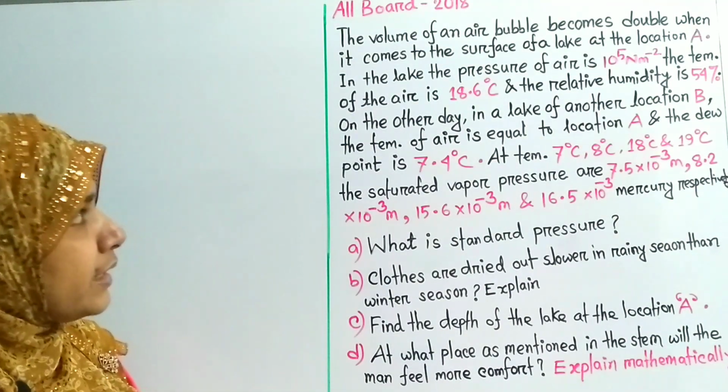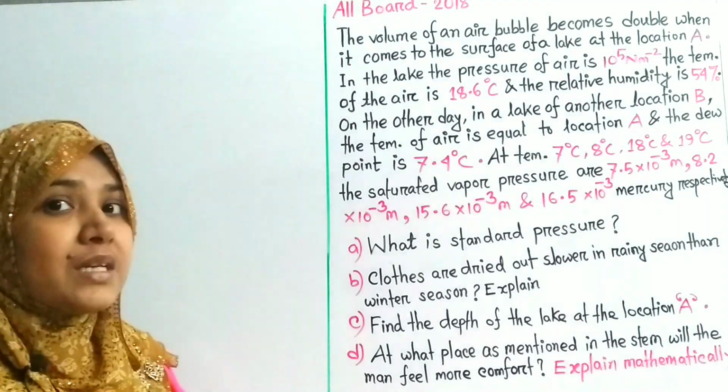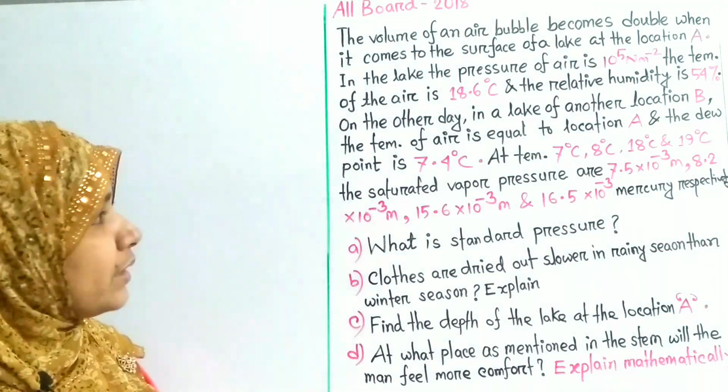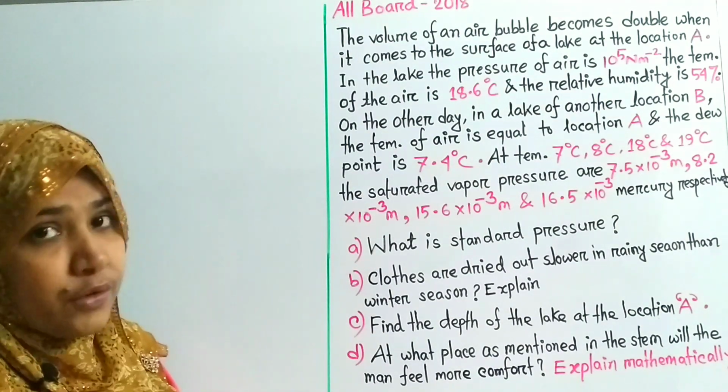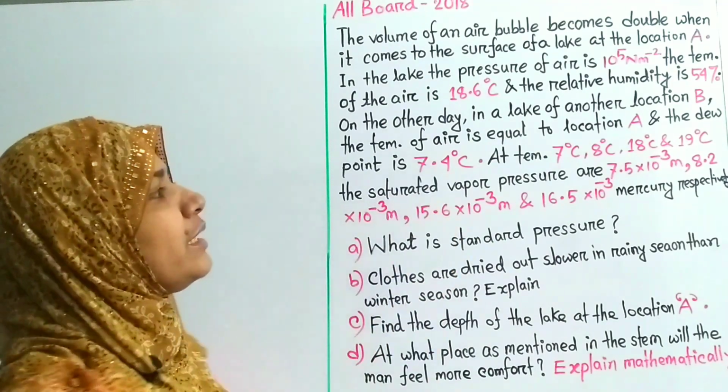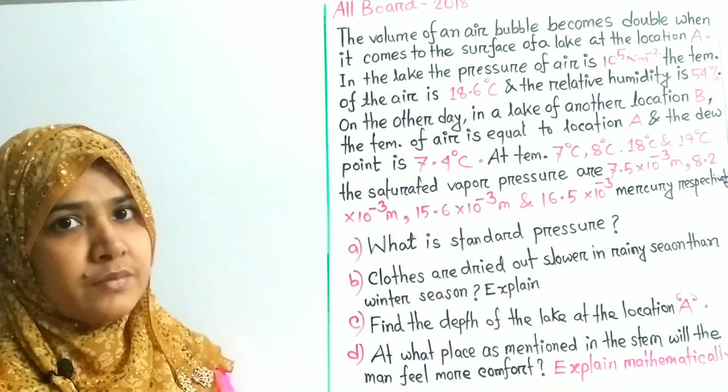On another day, in a lake at another location B, the temperature of air is equal to the temperature of location A and the dew point is 7.4 degrees Celsius.